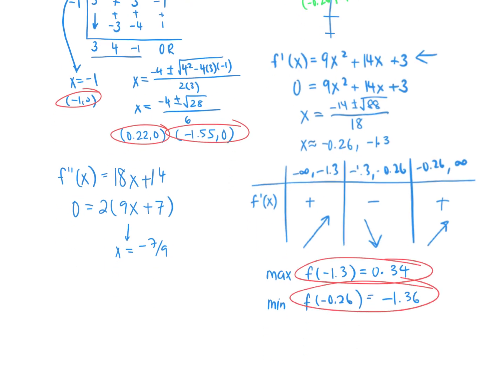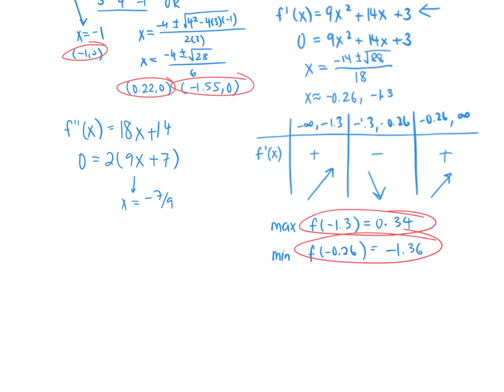Okay, and now I'll do my second derivative test to see the concavity. And again, I'm going to use my domain, so I'm going from negative infinity to infinity, and I'm going to use this point of inflection. And actually, let's see what that is as a decimal, so negative 0.78 to infinity. Okay, let's test a value.